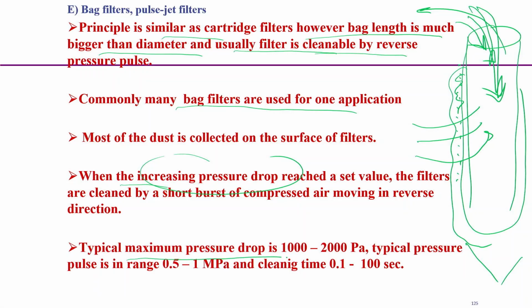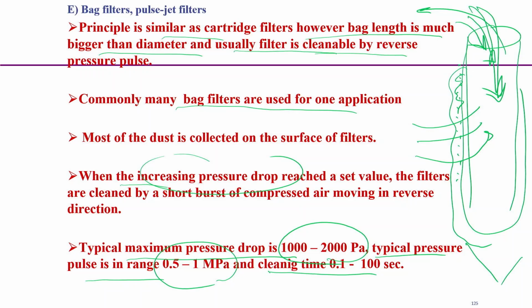Typical maximum pressure drop is 1000 to 2000 Pascal. The typical pulse pressure ranges from 0.5 to 1 megapascal, okay. That type of pulse we create, and the cleaning time is 0.1 second to 100 second.